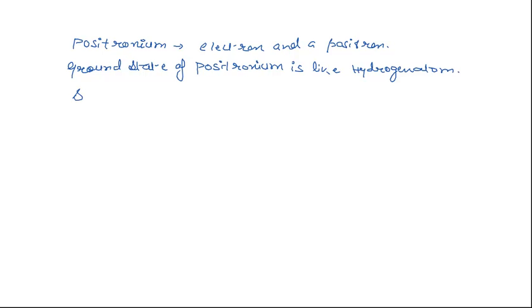See, there is the singlet state of positronium, in which the spins of electron and positron are anti-parallel.